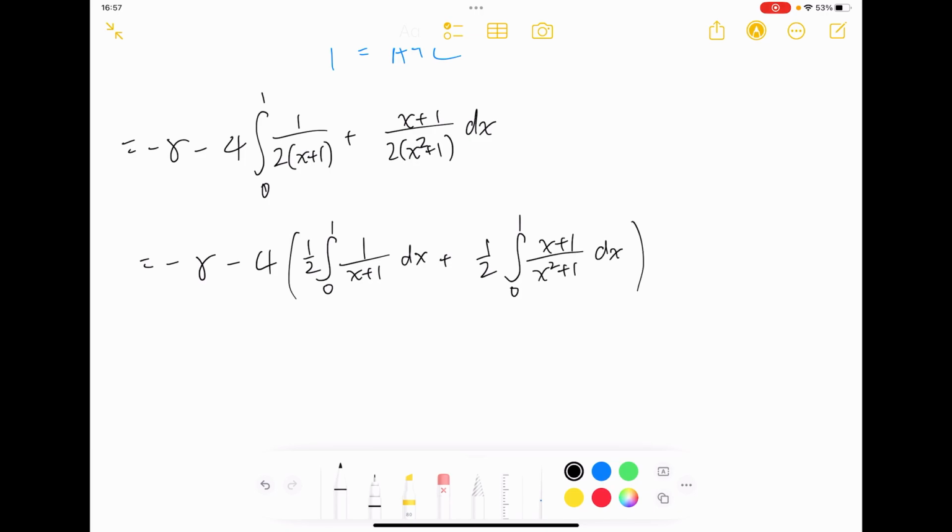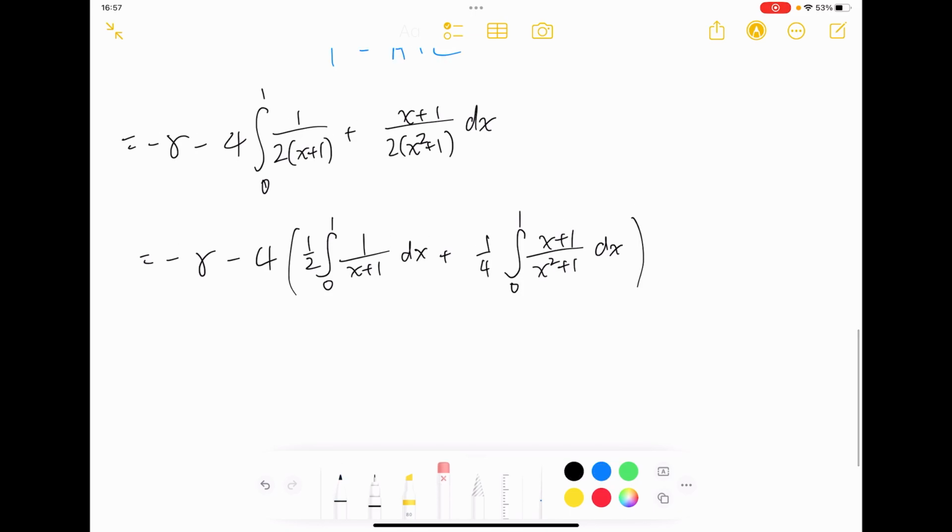And because we have an x squared plus 1 at the bottom, let's multiply the top by 2, which will make this a quarter actually, because we want the derivative at the top. So 2x plus 2, and let's split this up again. Don't forget the factor of a quarter. That would be 2x over x squared plus 1 dx.